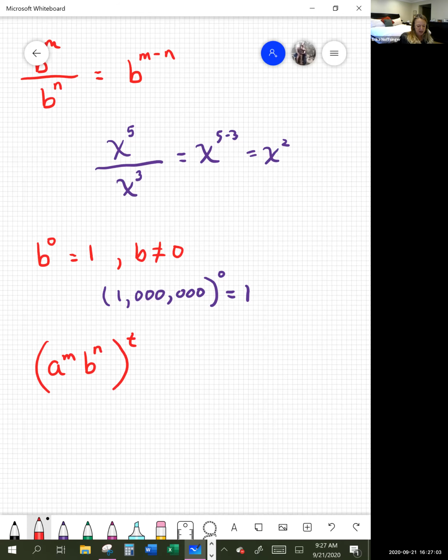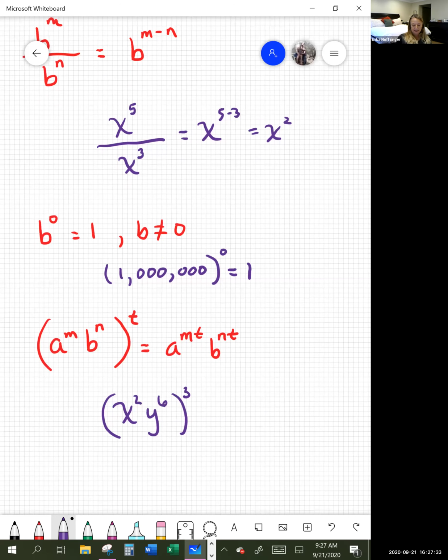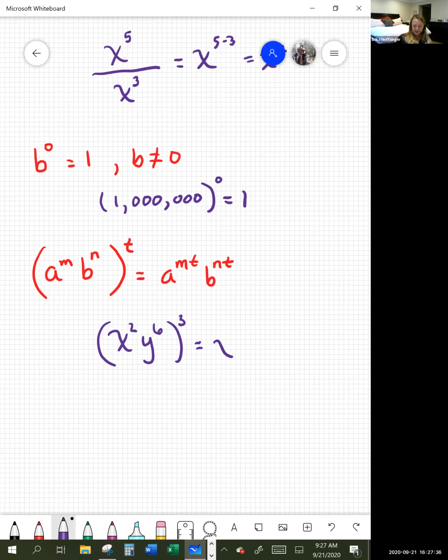It's no addition or subtraction in between these variables. I couldn't do this if there was, but I'm going to use the same rule as before, and power to power is multiplication. So this is a to the m times t power and b to the n times t power. So for instance, x squared y to the 6 power, all to the 3 power, multiply. So this is x to the 2 times 3 power, y to the 6 times 3 power, or x to the 6, y to the 18.